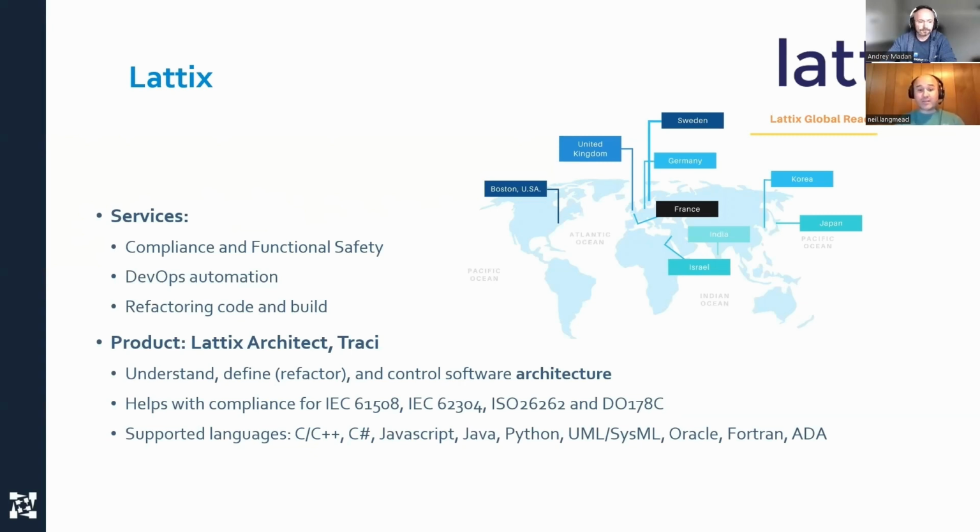We support a wide variety of languages from C and C++ to C# through to Python. We can also visualize dependencies from models and languages such as Ada, Fortran, and Oracle. And the aim is to see dependencies to help improve the structure, refactor code, define an architecture, communicate that architecture, and also improve DevOps automation through testing and building the software more efficiently.